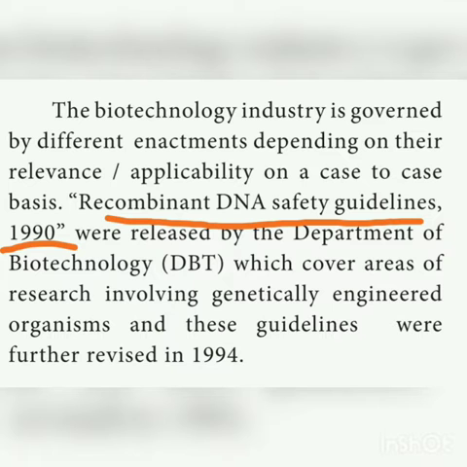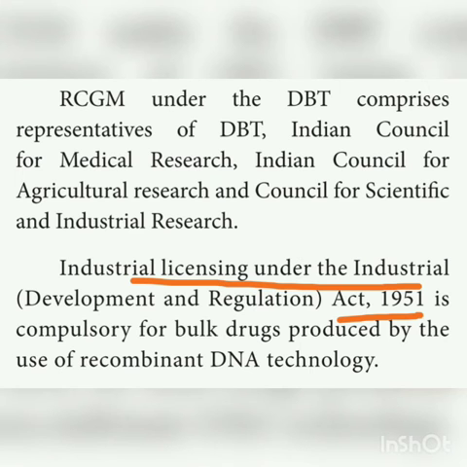Recombinant DNA Safety Guidelines of 1990 were released by the Department of Biotechnology, which cover areas of research involving genetically engineered organisms, and these guidelines were further revised in 1994. Industrial licensing under the Industrial Act 1951 is compulsory for bulk drugs produced by the use of recombinant DNA technology.